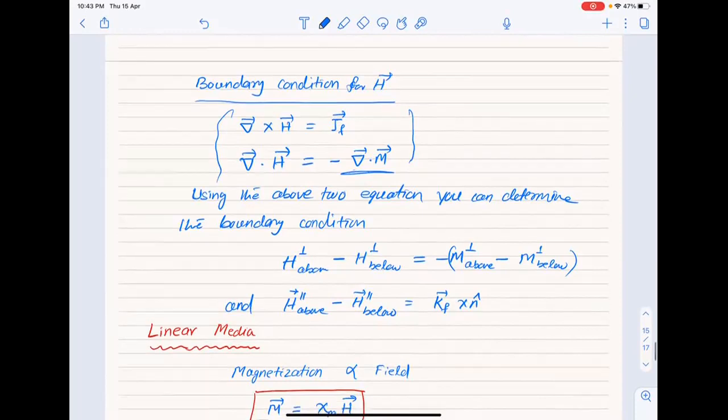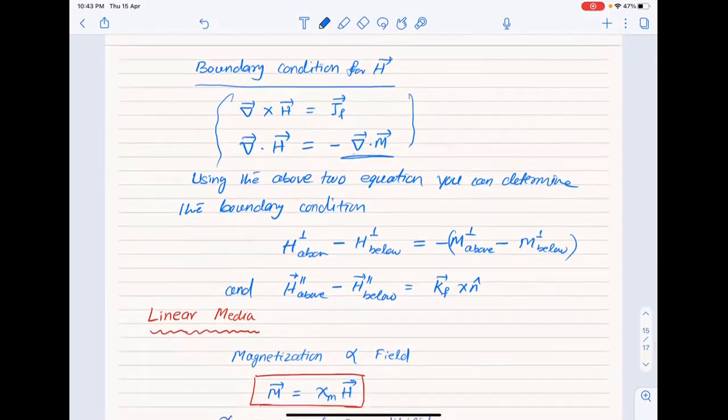Similarly, you can construct a loop and then calculate the H. From the first equation, del cross H equal to Jf, you can calculate the boundary condition for H parallel, and again you will find Jf cross n cap. So please use your previous learnings from the electrostatics case, even for the magnetic field case, and you can arrive at these boundary conditions.